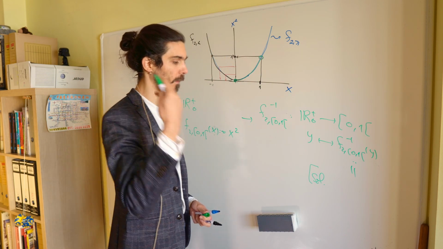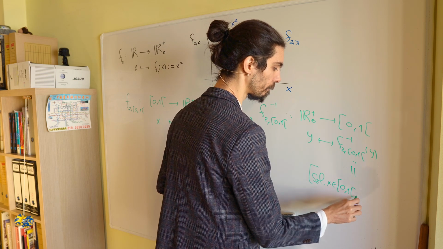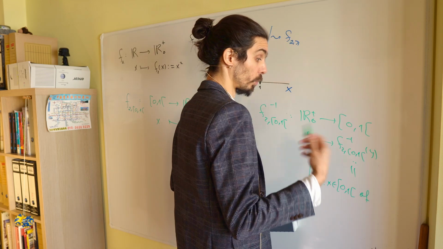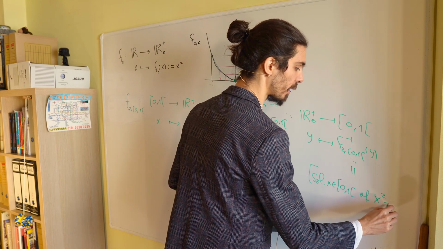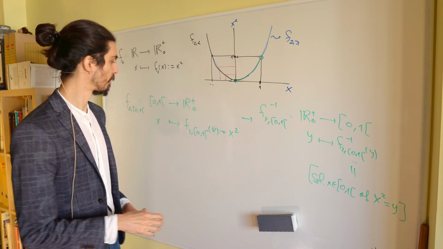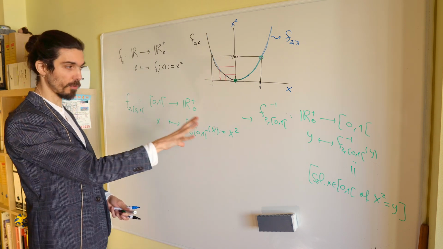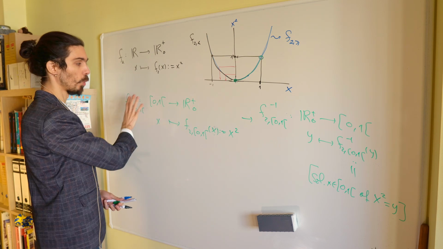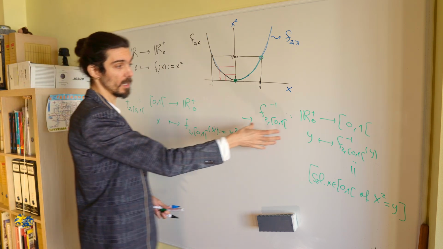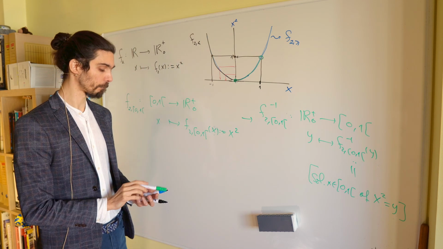Solution of what? Of all x's belonging to 0 and 1 here, of the equation x squared is equal to y. Can you see? Again, you follow the idea: you just create a restriction, you want it to be bijective, and then you just compute the inverse by definition, using the definition that we saw previously.